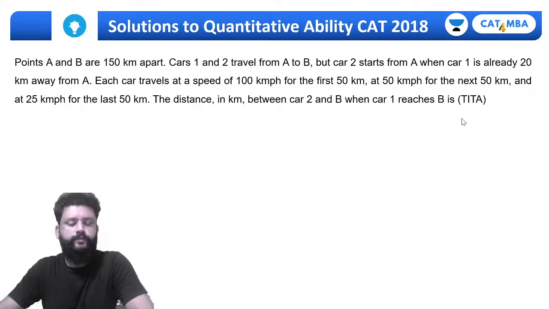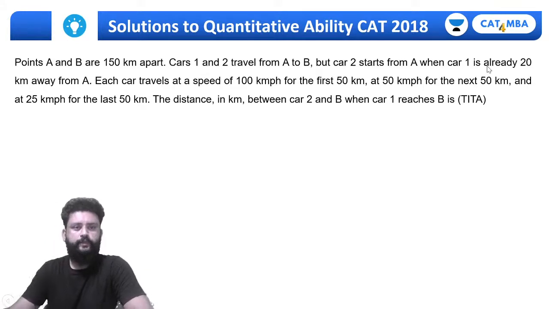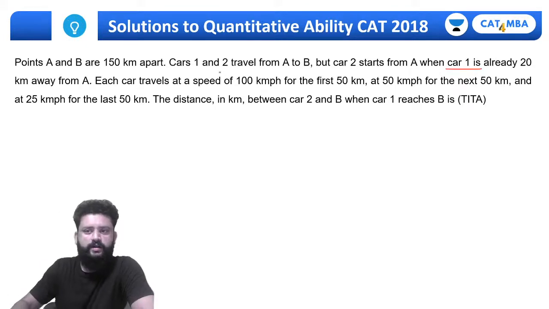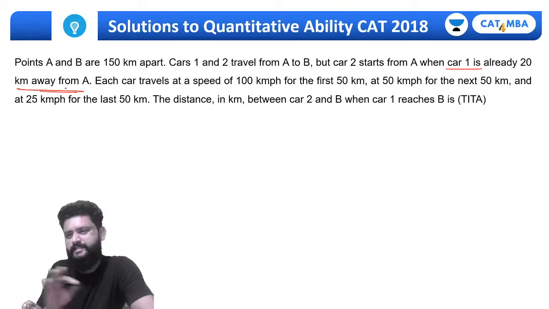Let's move to the next. Points A and B are 150 km apart. Car 1 and 2 travel from A to B, but car 2 starts from A when car 1 is already 20 km away. So both started in the same direction.